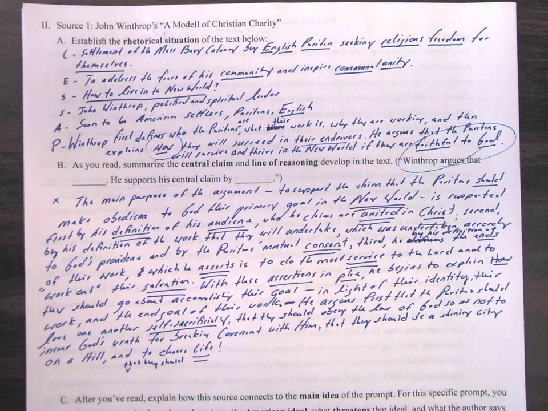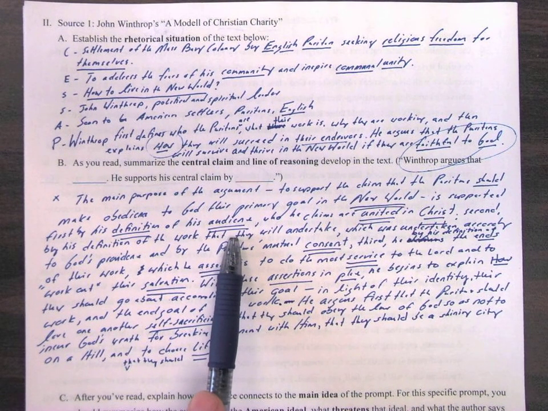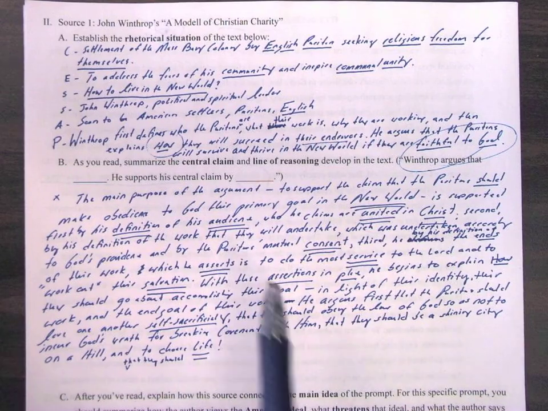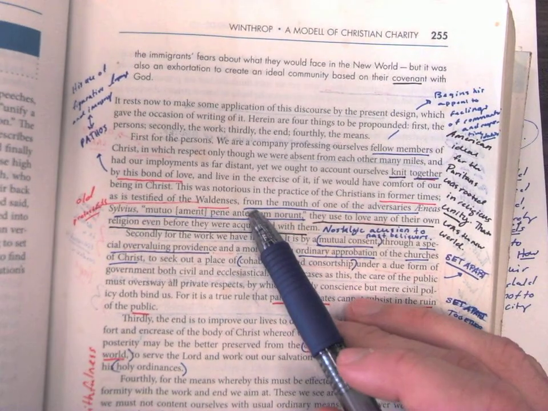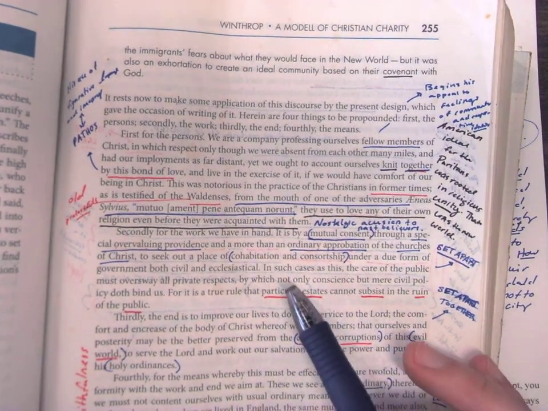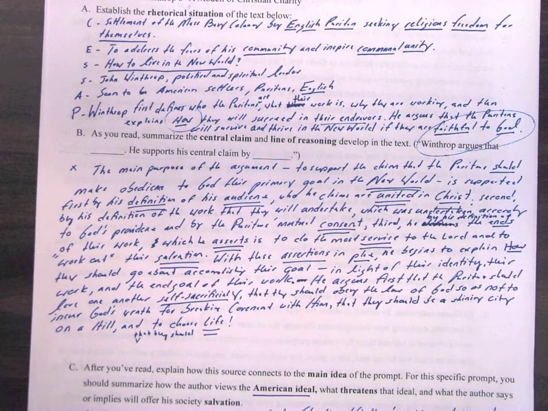Okay, he supports this argument essentially by first defining who his audience is. He defines them very simply as Christians knit together with bonds of love. We see that on page 255 here in these opening paragraphs. The second thing that he does is describe the work that they have in hand, which he argues is basically, importantly, to establish a church and a government.